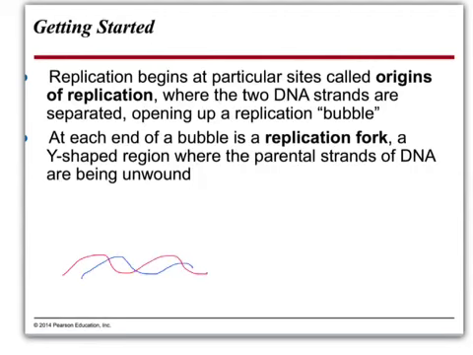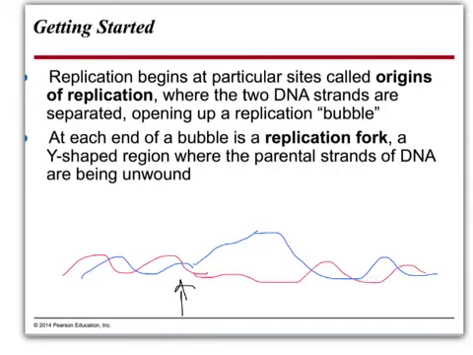And now at this origin right there, they would separate apart. And now you have the beginnings of a replication fork. So now these two strands are separated apart, and at other points they come back together.